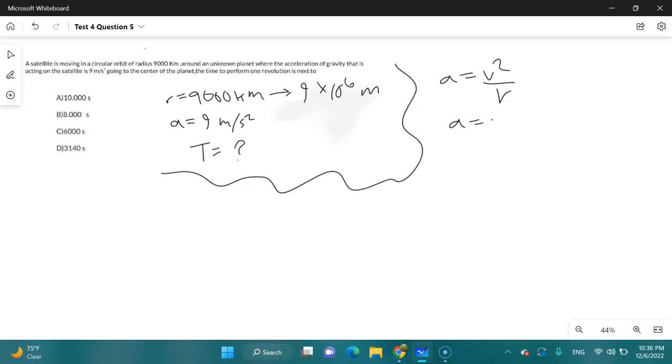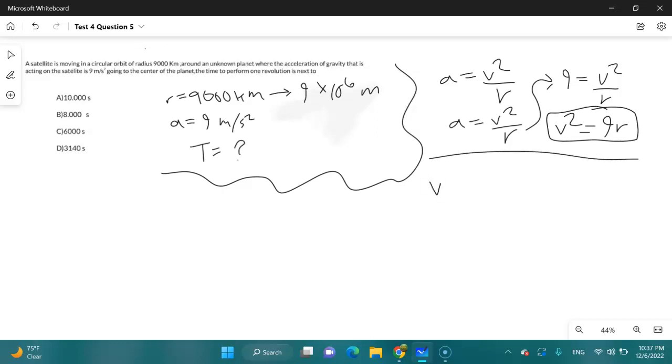So we're going to do acceleration equals v squared over r. We're going to plug in 9 is equal to v squared over r. And then when we simplify this, we get v squared is equal to 9r. So this is what we can work with when we're trying to solve for the velocity.